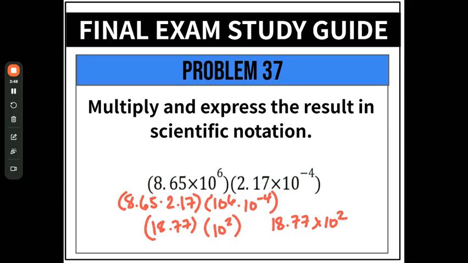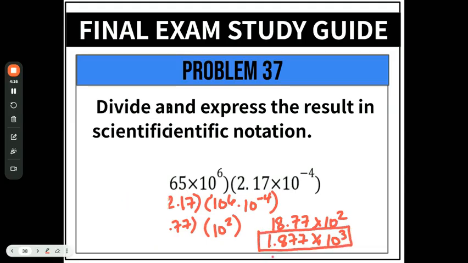And the first number here is 18, so I'm going to need to rearrange my numbers so that the first one is between 1 and 10. So I'm going to move my decimal so that the first number becomes 1.877, and what would that make this? Times 10 to the third. Exactly.